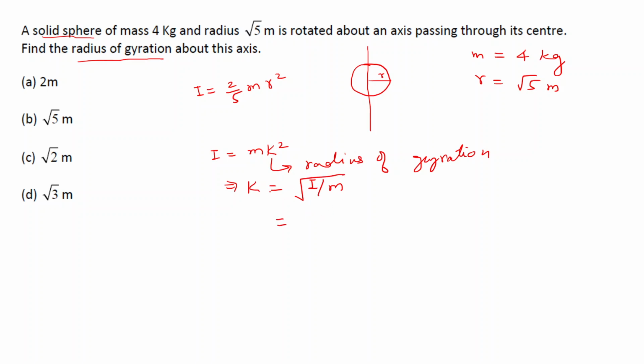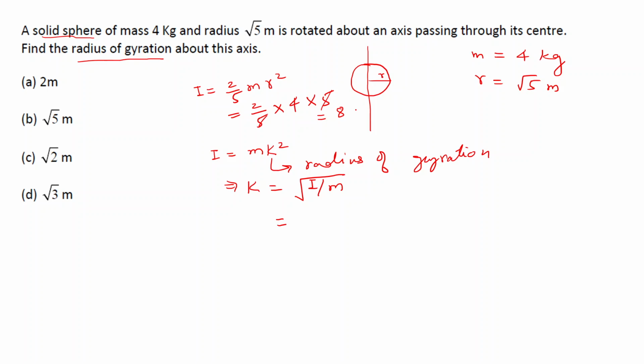We first need to calculate this I. So I will be 2 by 5, and the mass of the body is 4 kg, and the radius is √5 meters, so the radius square will be 5 meter square. When I calculate this, I'll get 8.